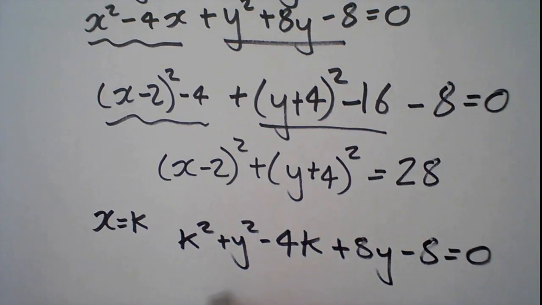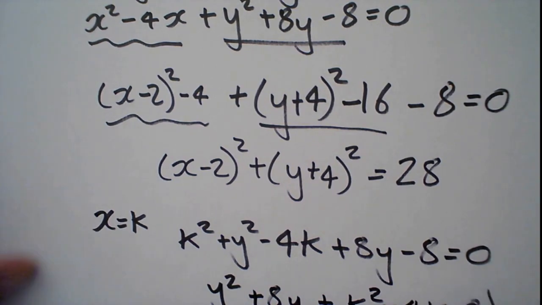It could be very useful just asking yourself, here's a quadratic, but in terms of what? And it's in terms of y. k is just some number. So if we write our quadratic in standard form, we've got y squared plus 8y, and then these other bits and pieces, k squared minus 4k minus 8 equals 0.